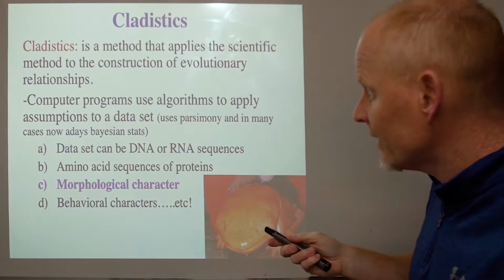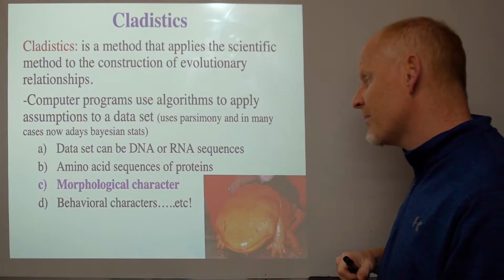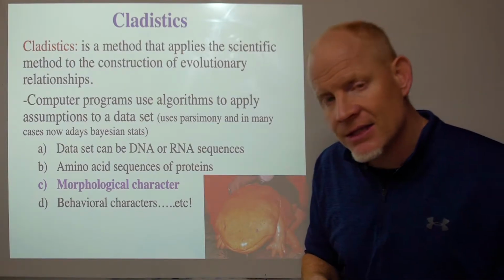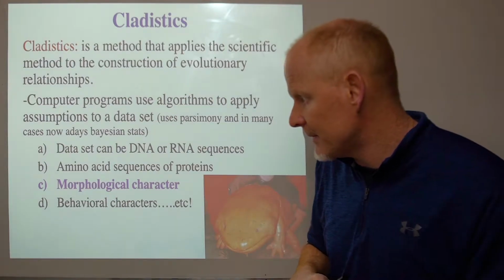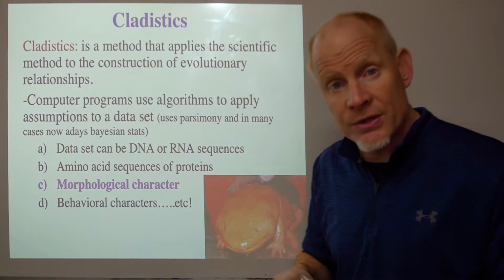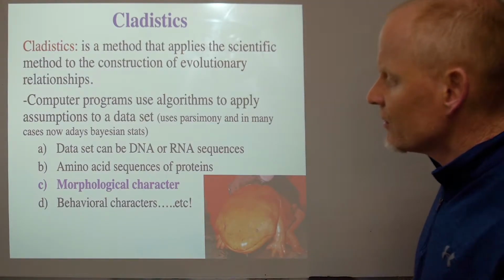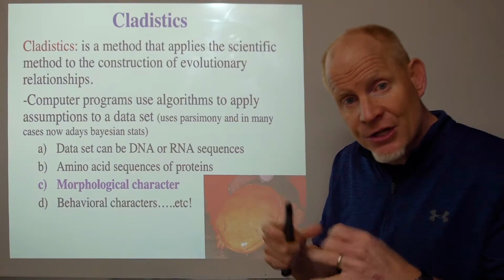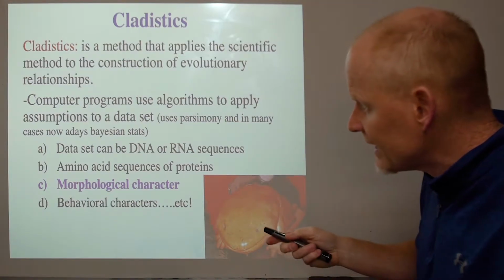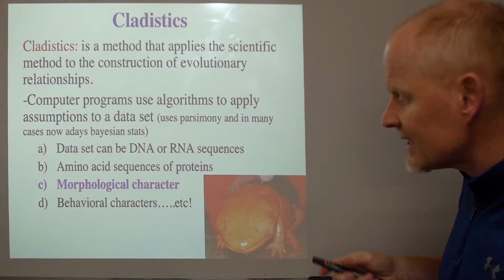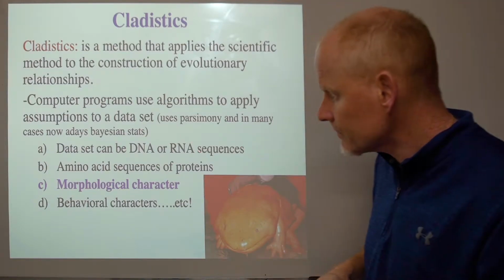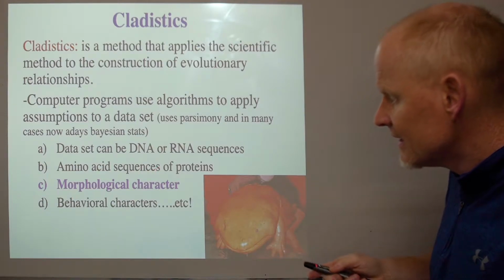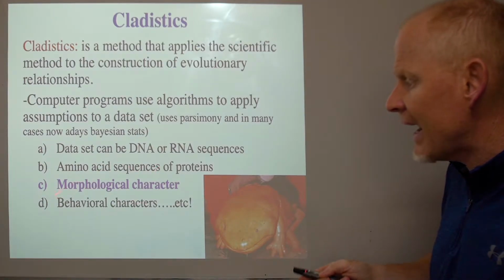And that is a really, really complicated supercomputer data analysis program that allows you to analyze your nodes, your branch points. So data sets can be anything really that you can get a lot of repeating information about. So data sets can be DNA and RNA sequences and the differences between them, amino acid sequences, morphological characters, or even behavioral characters.